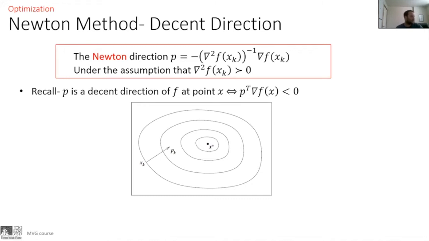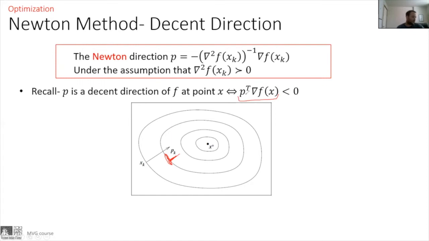To get intuition, you probably learned in calculus that the gradient is perpendicular to the level set of the function, right? This is the direction of the gradient, and if I'm perpendicular to the gradient, it means that I'm on the level set. So if this thing is equal to 0, I'm on a level set.